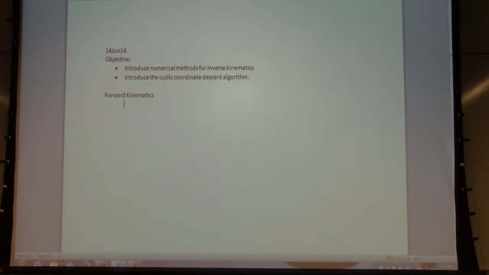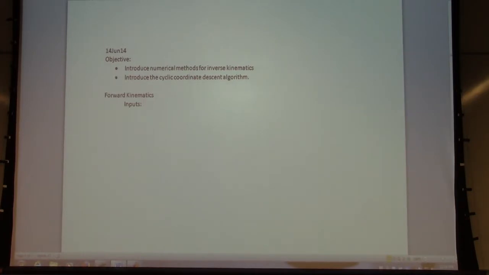So what is the purpose of the forward kinematics of a robot? What's the input or inputs?